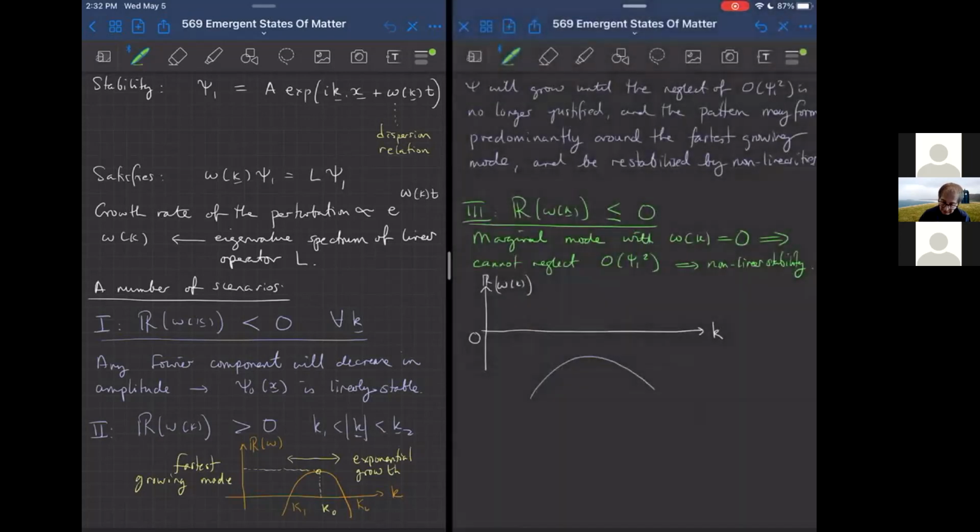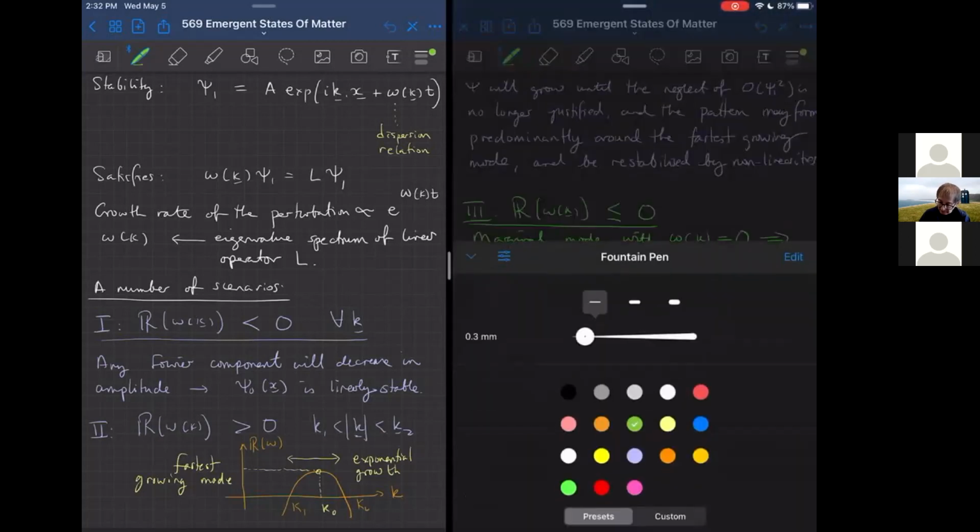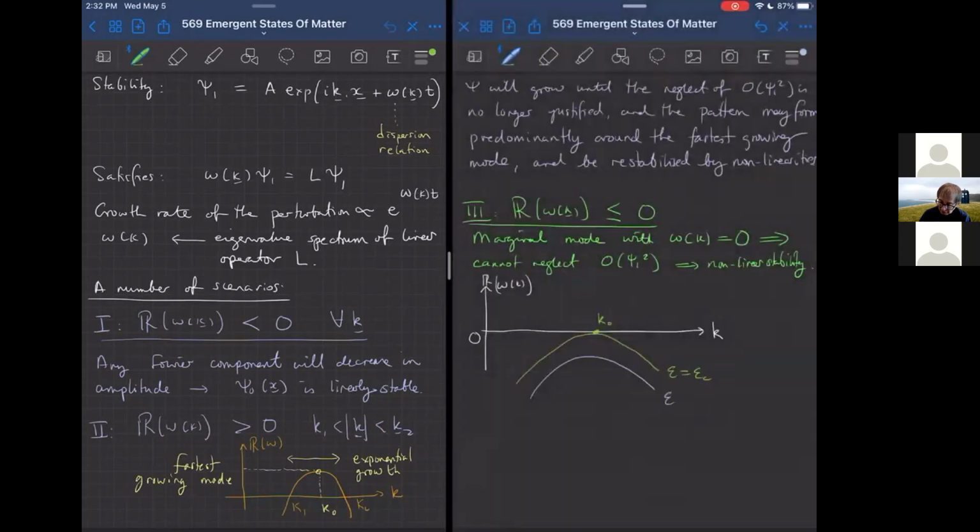Then I may have a situation where, as I change some control parameter, I now get to this picture like this. So this would be epsilon equals epsilon c, and the blue one would be epsilon less than epsilon c.